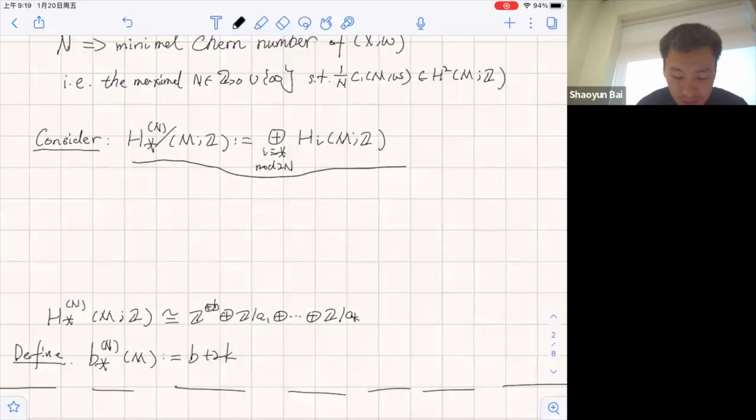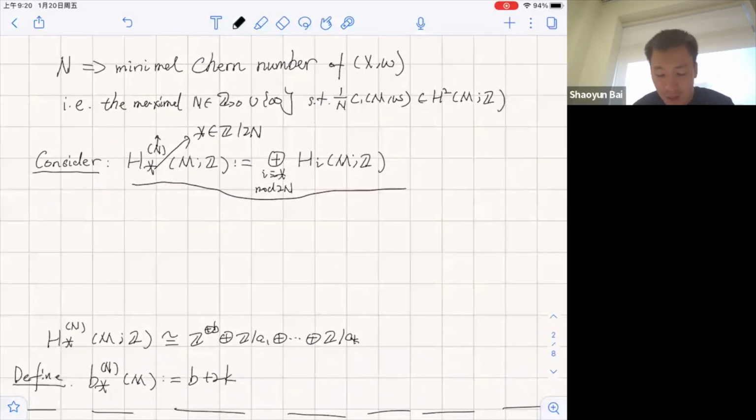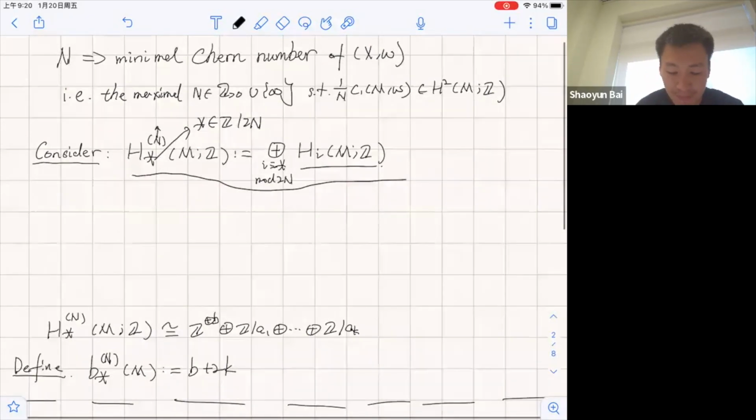Star is an element sitting inside the group Z modulo 2n, where n denotes the n we take. Its definition is given by: let's look at all the integral homology groups of M, and I take the direct sum of all of them whose grading is congruent to star modulo 2n.